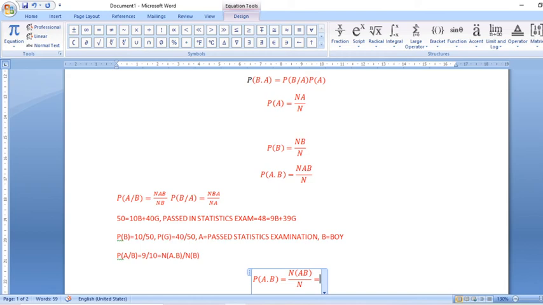So that can be written like this: n of AB divided by n of A, into n of A divided by n.